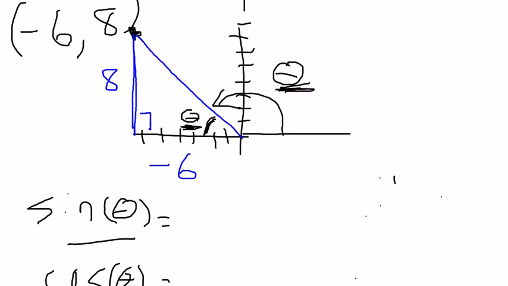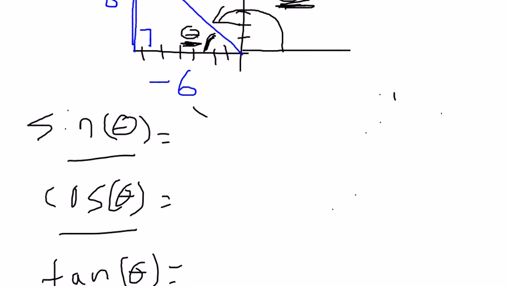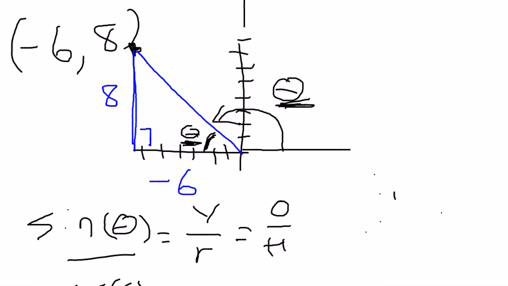So I can use y over r, or I can use o over h for sine. The y value over the r value, we don't know the r value yet.